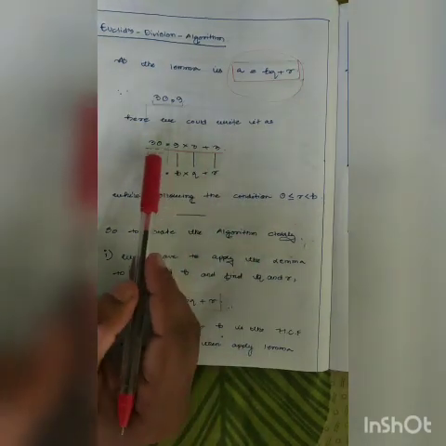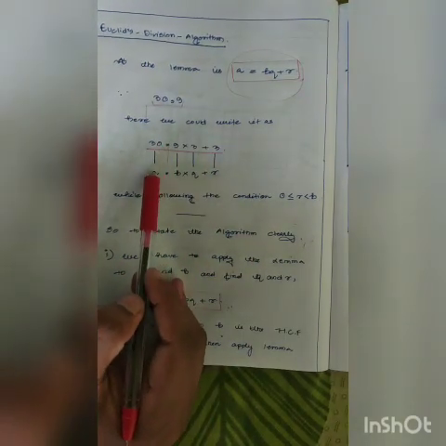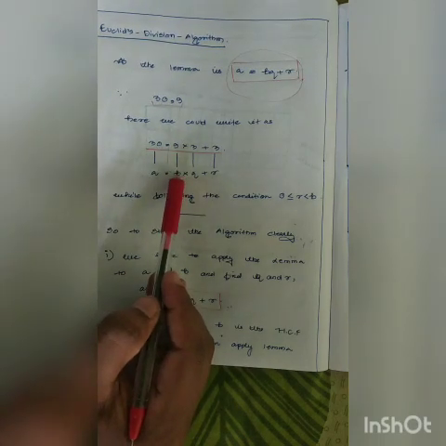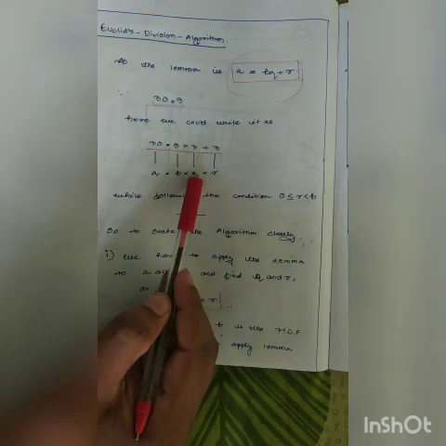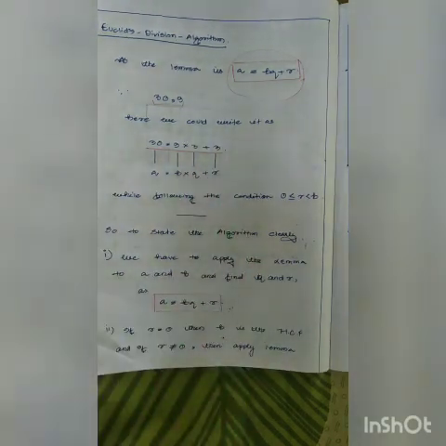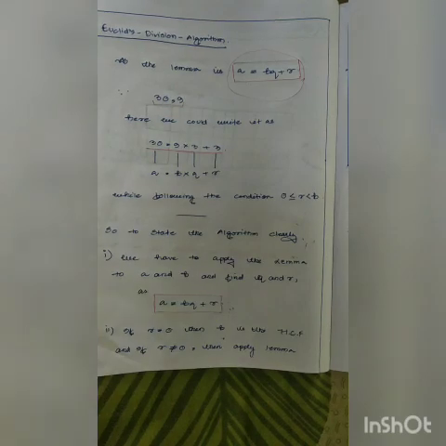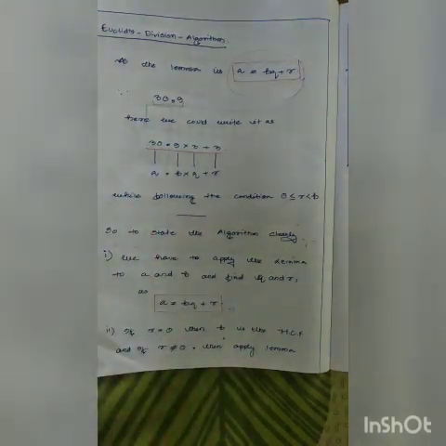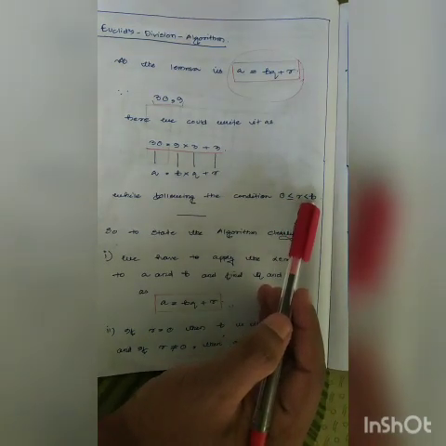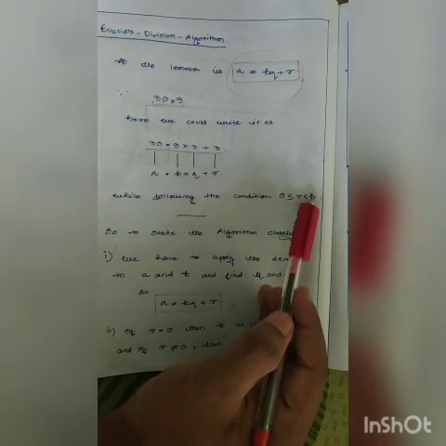The 30 represents the A in the lemma. The 9 represents the B, 3 is Q, and this one is the remainder, so it is represented by R. While doing this, we also have to remember a condition that the remainder can never be greater than the divisor. It is a very simple rule.